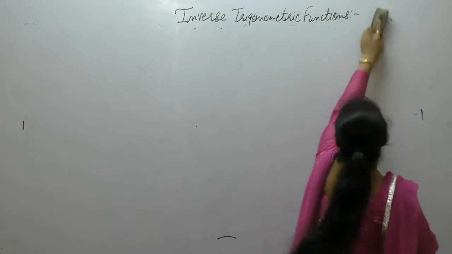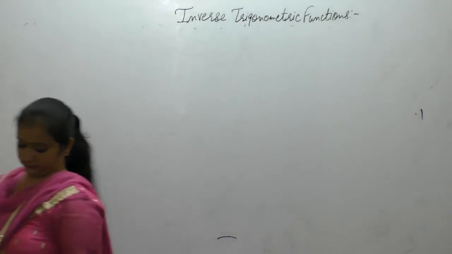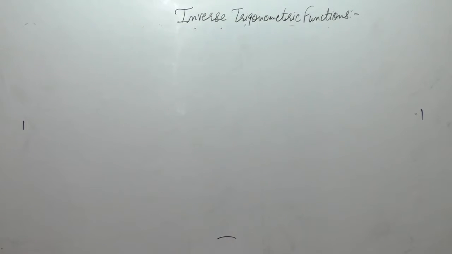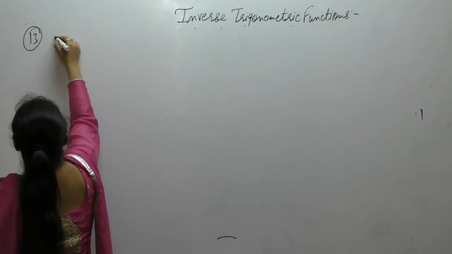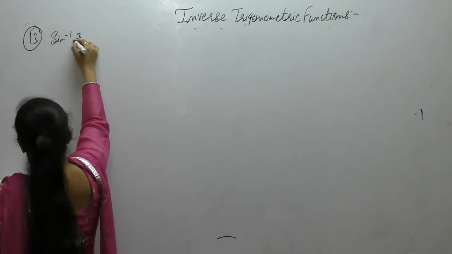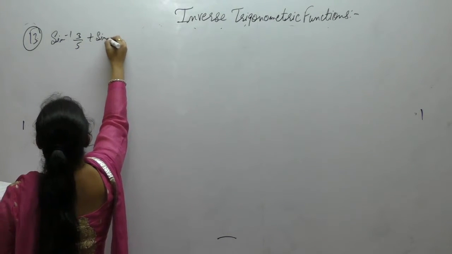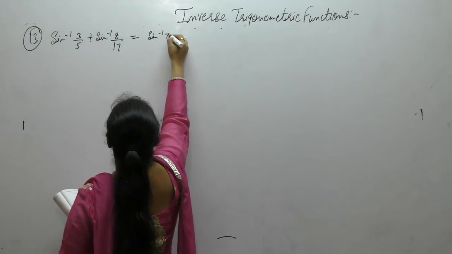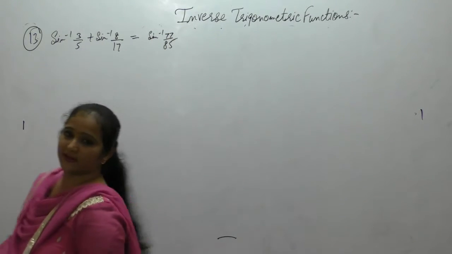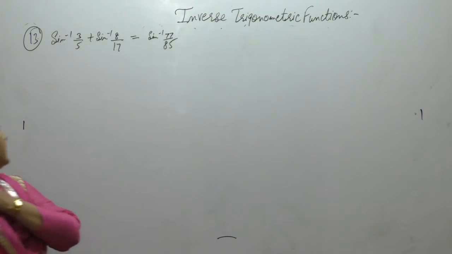Now next one. Prove that sine inverse 3 by 5 plus sine inverse 8 by 17 is equal to sine inverse 77 upon 85.